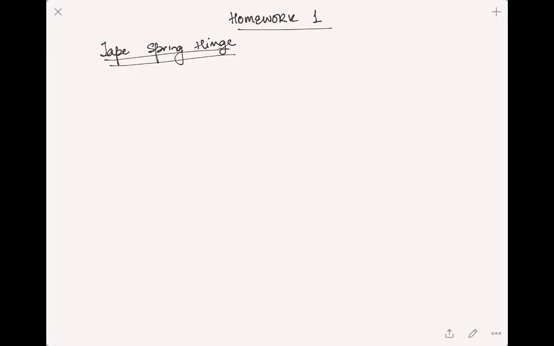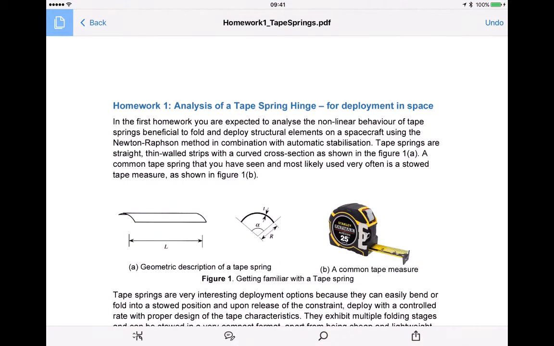Tape springs are very interesting options, and actually you've seen them before in the form of a common tape measure. If you keep pulling out the tape measure and then you try to bend it, you would observe some very strange local buckling modes, and there is some strange behavior that it undergoes.